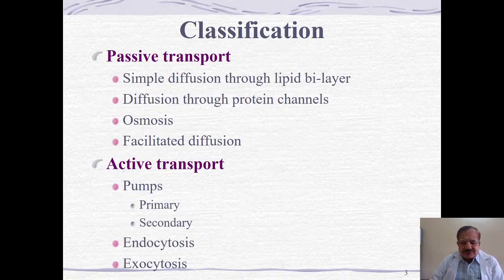Then endocytosis. Within the cell, as we have seen, we have ribosomes. What do ribosomes do? They synthesize protein. Once synthesized, these proteins go from the cytoplasm into the Golgi apparatus.